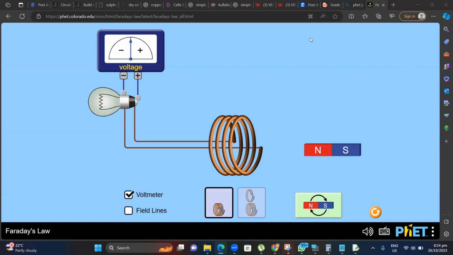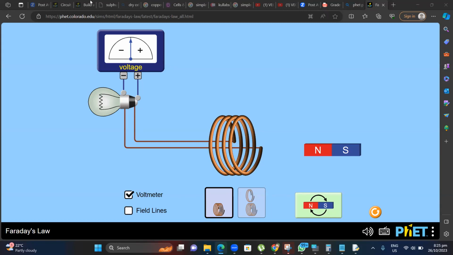So what is AC? Alternating current. Alternating means it's bidirectional, right? An alternator is also there in vehicles.